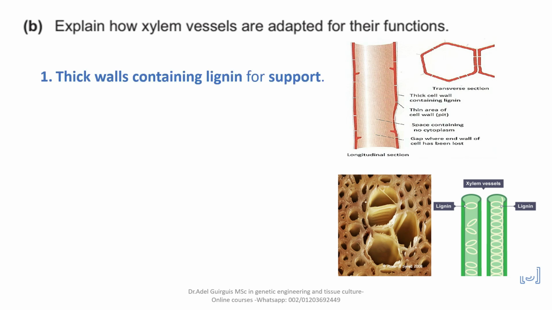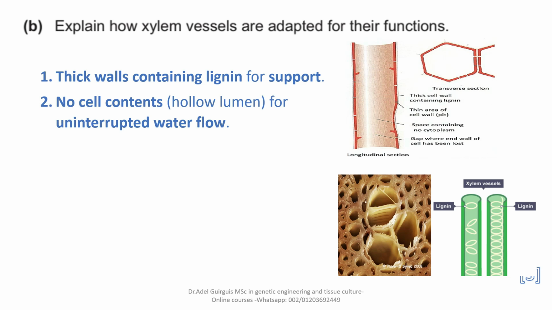Look, number one, thick walls containing lignin for support. This is the first adaptation. Second one, no cell contents, where all cells are dead and all protoplasm, I mean cytoplasm and the nucleus, are decayed.